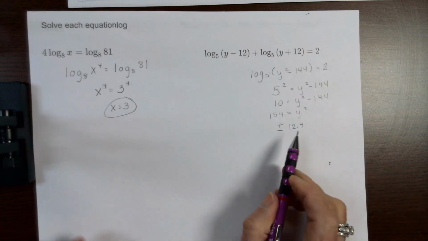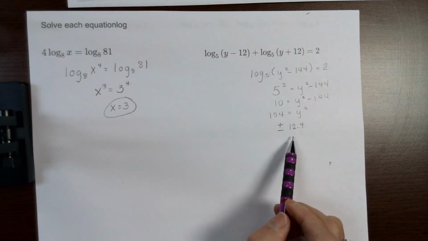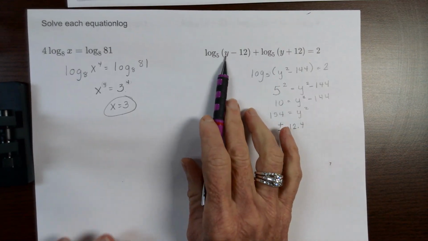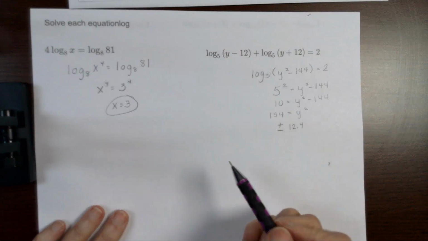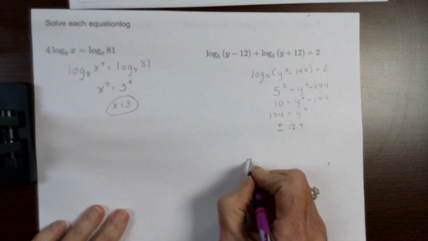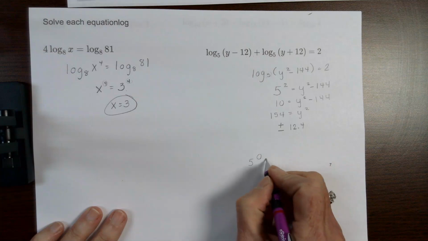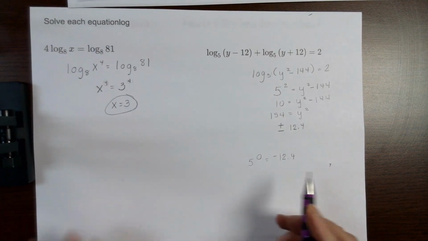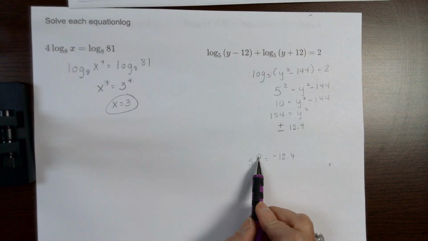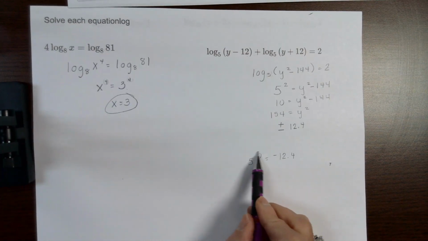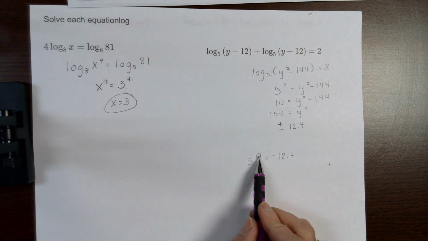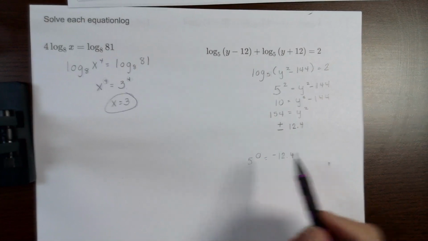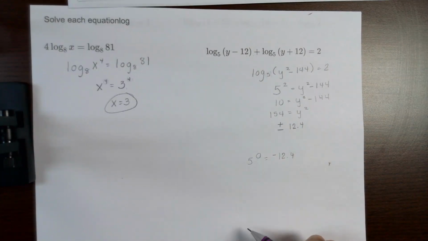So I can take the square root of 154, and it's going to be plus or minus 12.4. Now, understand though, if I put the negative in here, it isn't going to work, because then I'm saying 5 to a certain power is going to give me a negative 12.4. There is no power that you can use to make this positive turn into a negative, because a negative power only means you would take it and put it to the bottom.